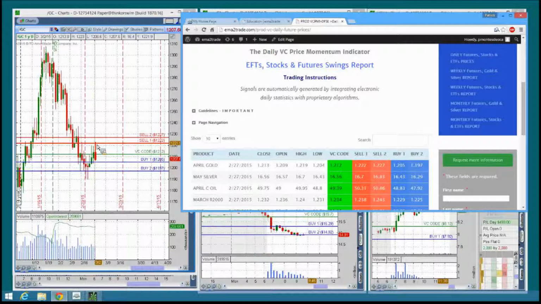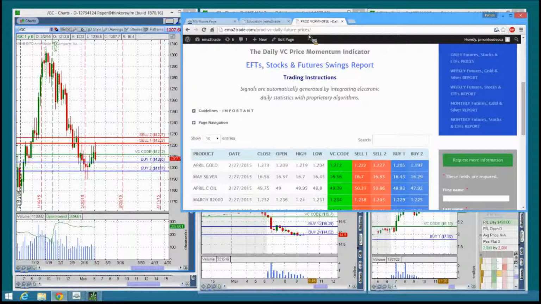And this is how you measure your target zones with the swing positions. If you come into a long position, which we were on Friday, it took out the first target of 1222.